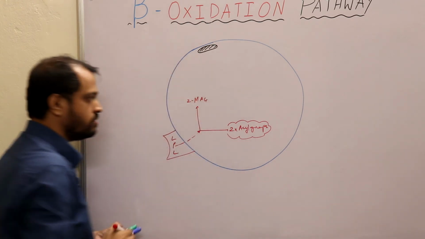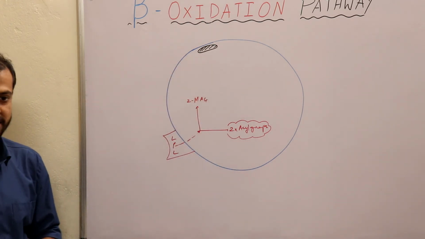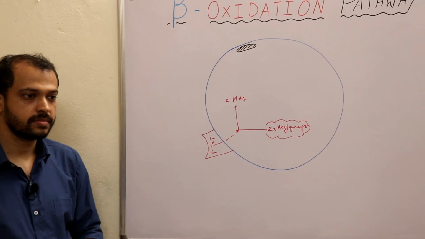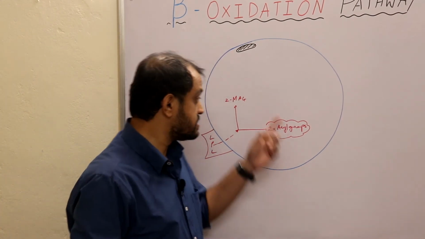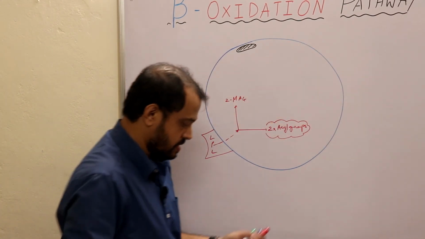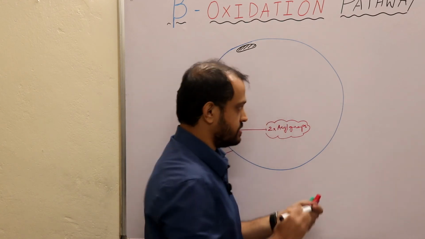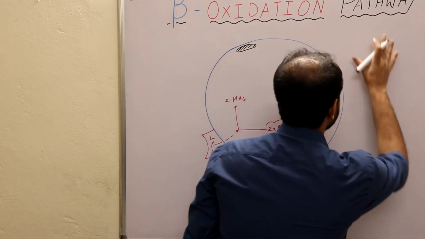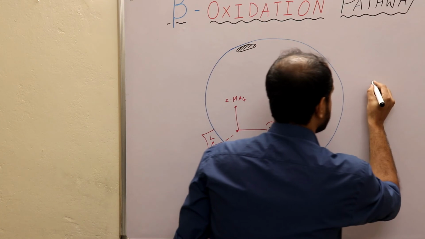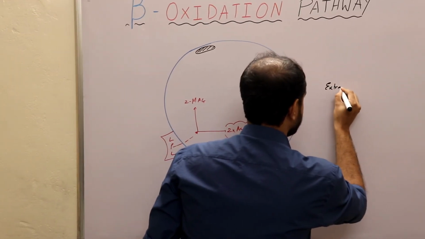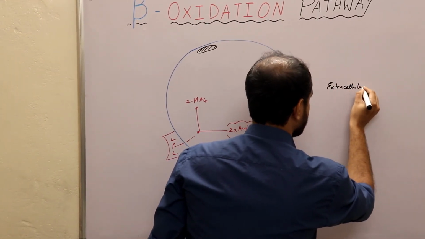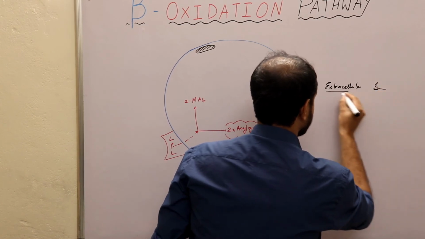Now, do you know where beta oxidation takes place? There are 2 places: extracellular and intracellular.